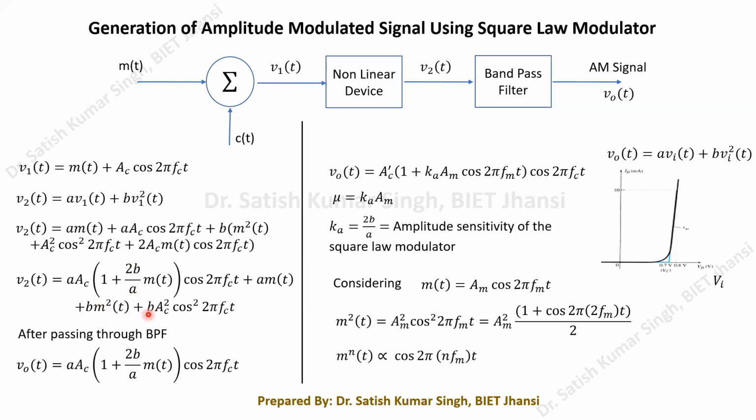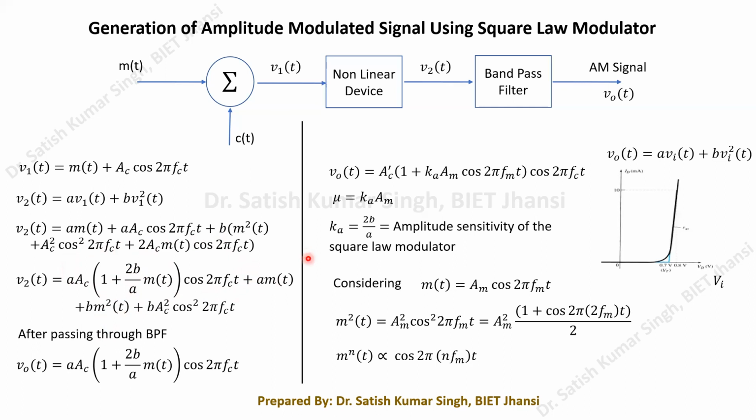As we already know, Ka is nothing but our amplitude sensitivity of the modulator. So this is nothing but our Ka, and Ka multiplied with the m(t). So here we can see that this particular factor is nothing but our conventional AM expression.